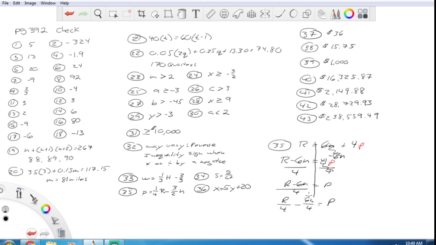And then once you get to that point, you can simplify your 6/4 if you wanted. And you can simplify your r/4 if you wanted, and that would be 1/4 r, because dividing by 4 is just multiplying by a fourth, minus, and then 6 divided by 4 you can simplify. What is that? 3/2 n equals p. So really, again, any one of those is pretty good.